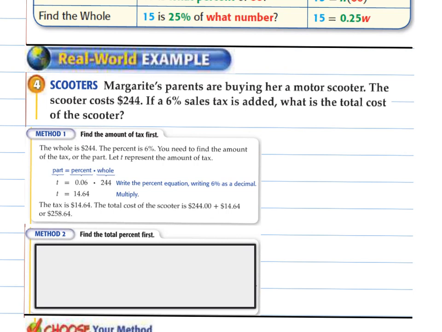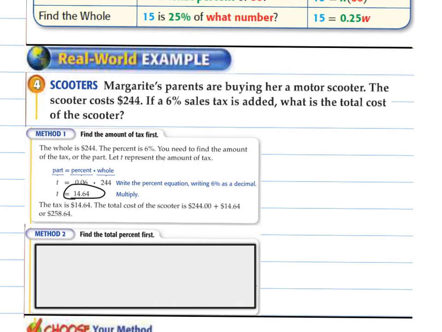So plugging that into our percent equation, we have part equals percent times the whole. T is our part, 6% or 6/100 is our decimal percent, and 244 is our whole. Okay, so when we solve that, we get 6/100 times 244. We get that T, the amount of tax, is $14.64.